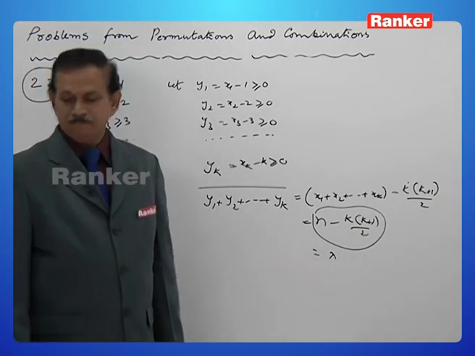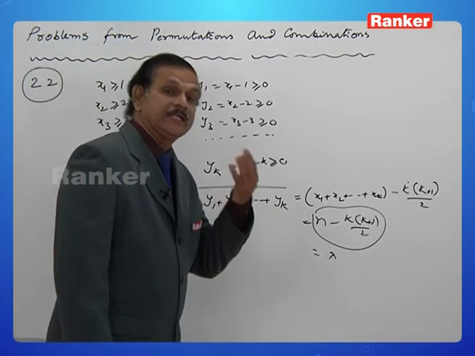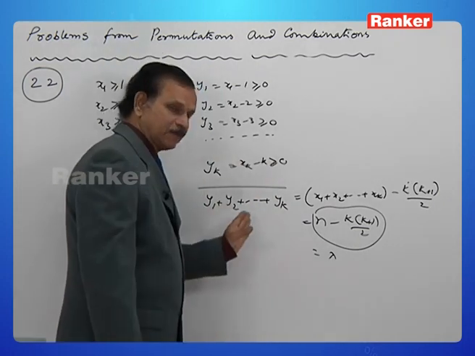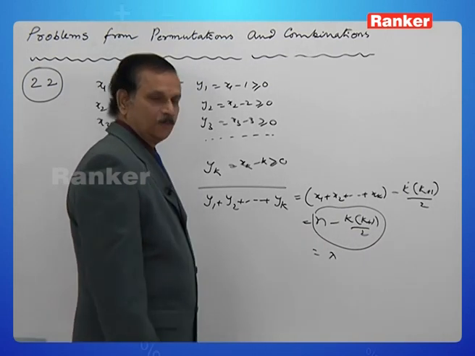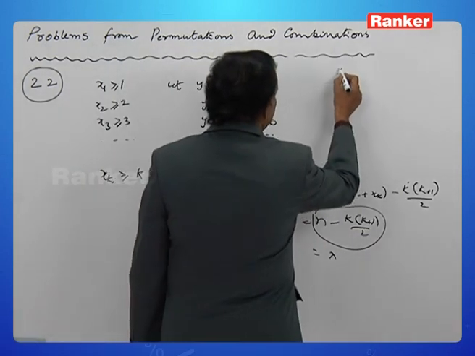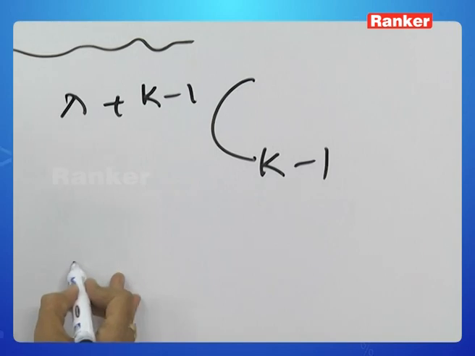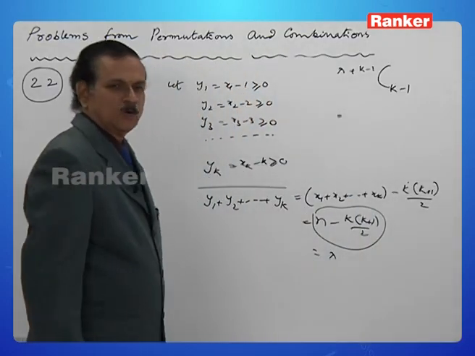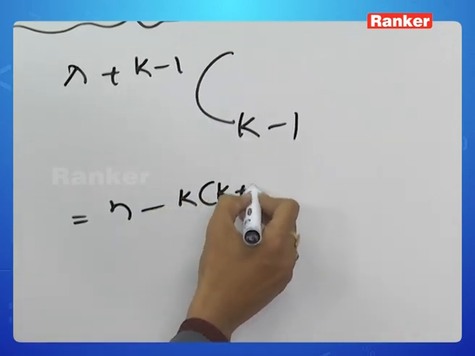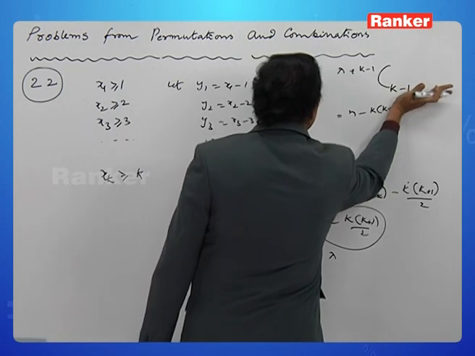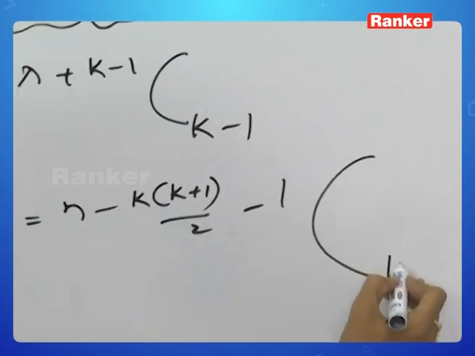We want the total number of non-negative integral solutions of y1 plus y2 plus y3 etc. yk is equal to lambda. Of course, lambda is an integer. What is the answer actually? Lambda plus k minus 1 C k minus 1 is the answer. What is lambda? n minus k into k plus 1 by 2. So the answer is n minus k into k plus 1 by 2 plus k minus 1 C k minus 1.